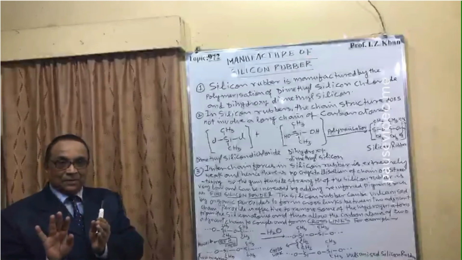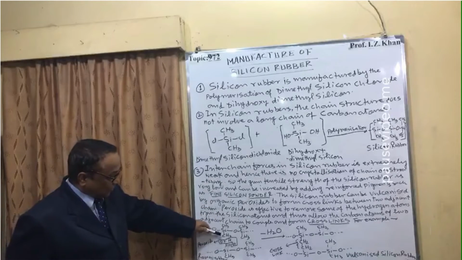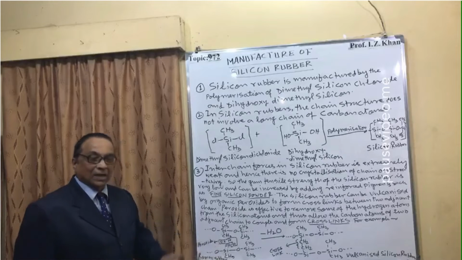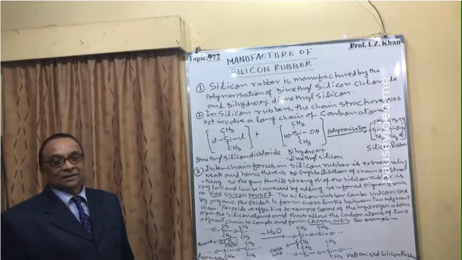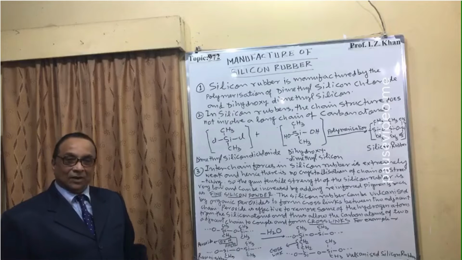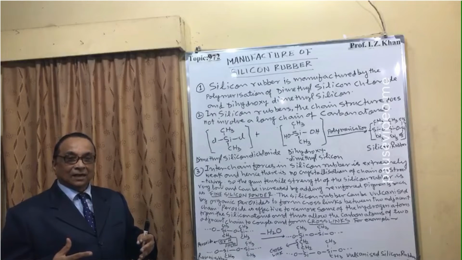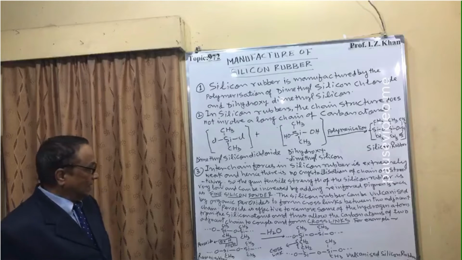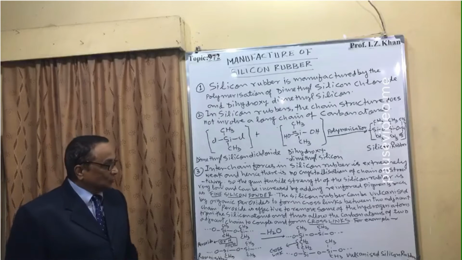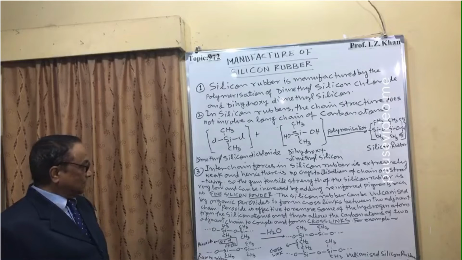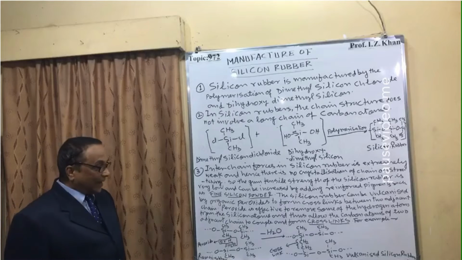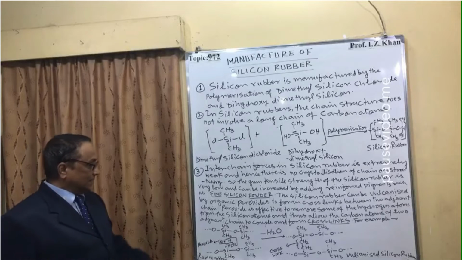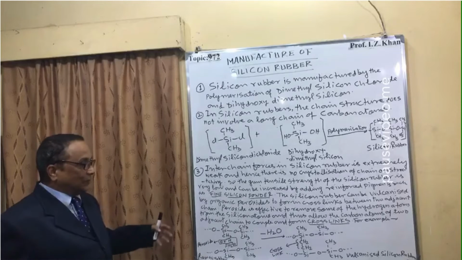So from the methyl group of this, one hydrogen is removed, and one hydrogen is removed from this methyl group, and that will make the cross linkage, and that cross linking allows the vulcanization of silicone rubber. It is effective to remove some of the hydrogen atoms from the silicon atoms, and thus allows the carbon atoms of two adjacent chains to couple and form a cross link.